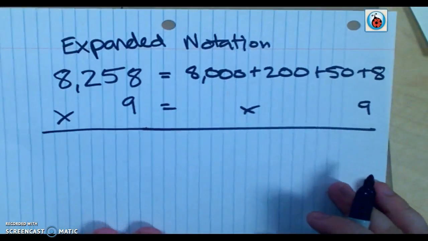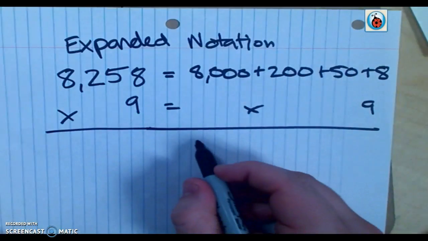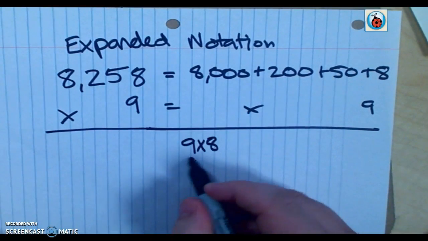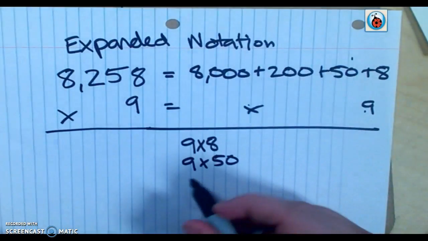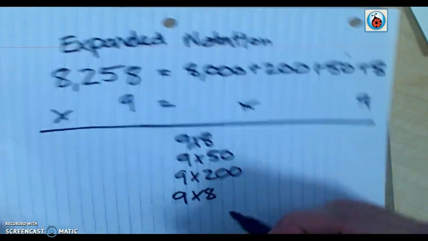Now we're going to write a bunch of equations for the partial products. So we're always going to go 9 times a number. So I always like to start with my 1. So 9 times 8, 9 times 50, 9 times 200, and 9 times 8,000.